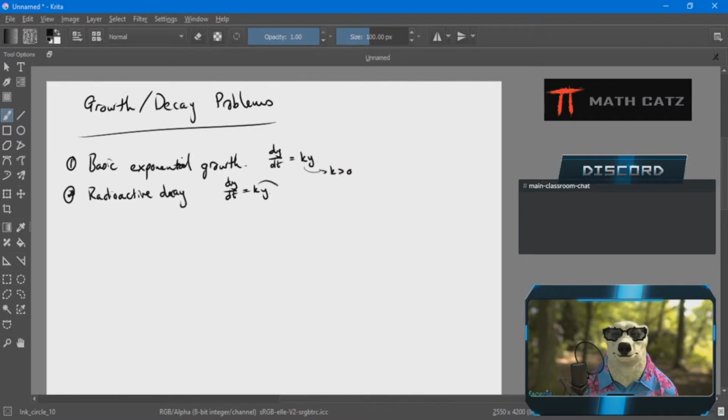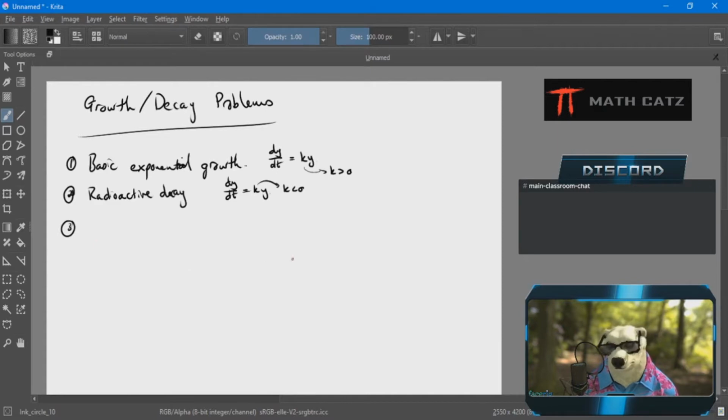Positive growth constant. K negative decay constant. But the rate of change was still proportional to the amount. Population size, amount left. It had the same look and therefore the same solution process and the same function that we had to analyze to answer our word problems.